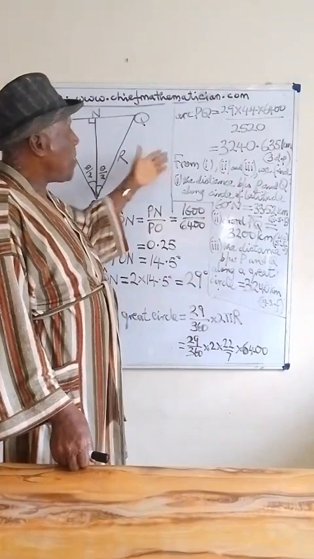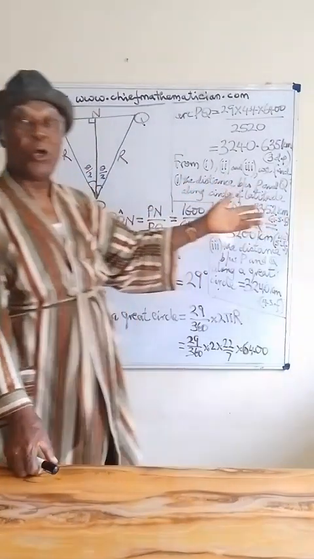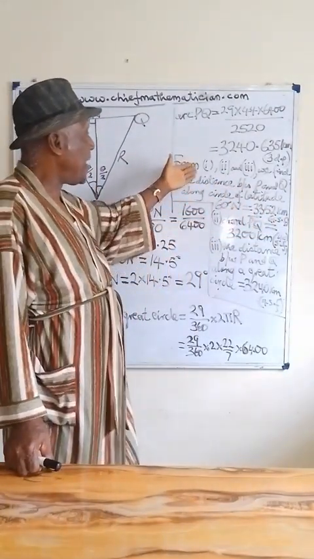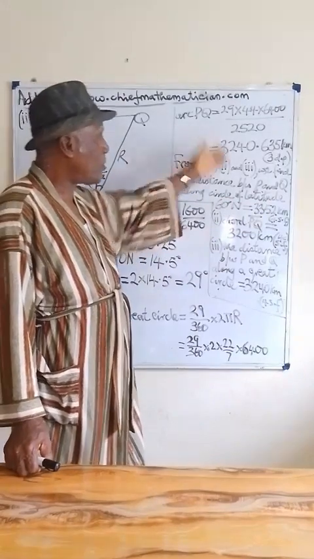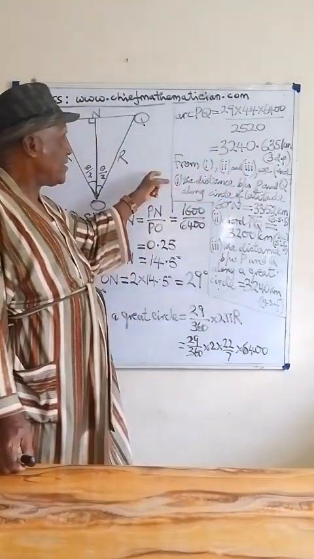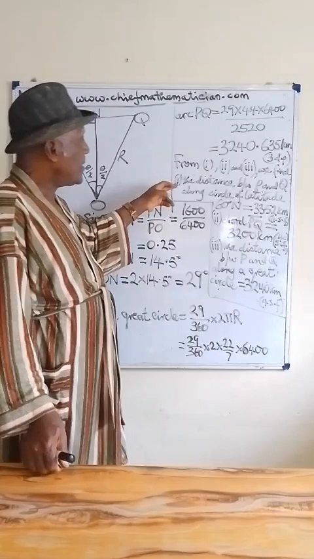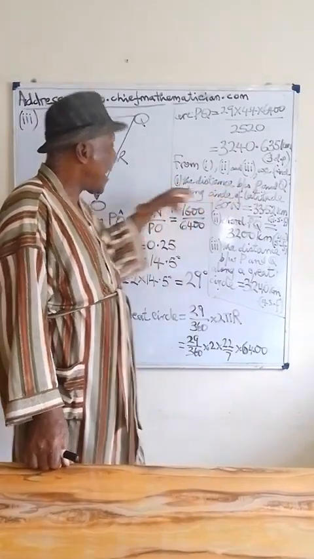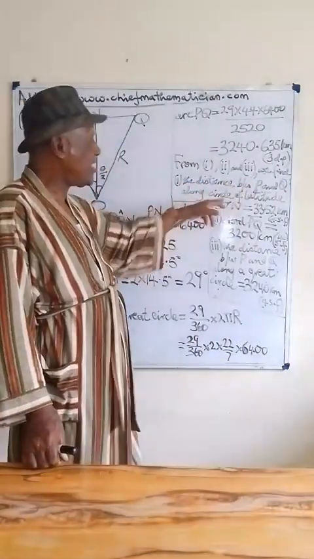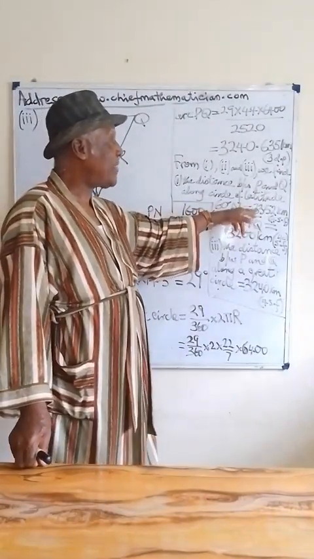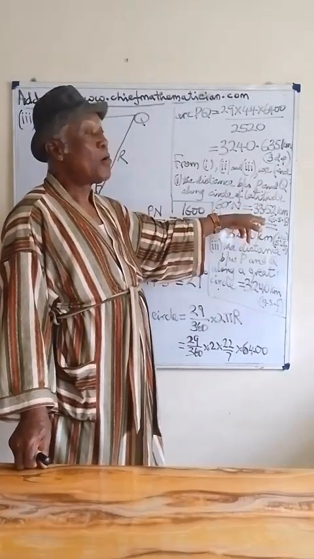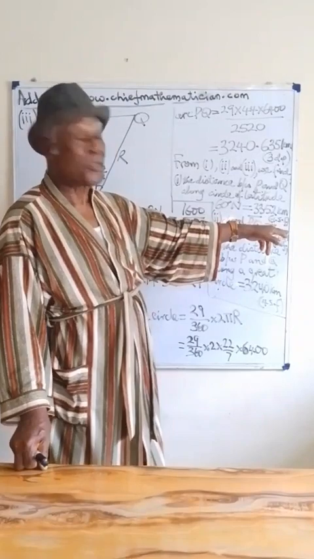Now, from the values we obtained in the first part, the second part, and the third part, we find one, that the distance between P and Q along circle of latitude 60 degrees north is 3,352 kilometers. This time, correct to 4 significant figures.